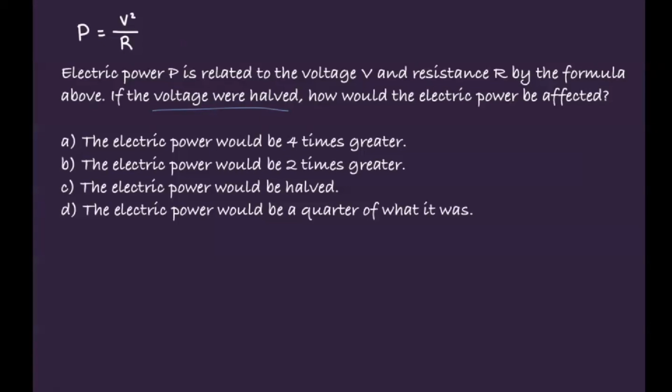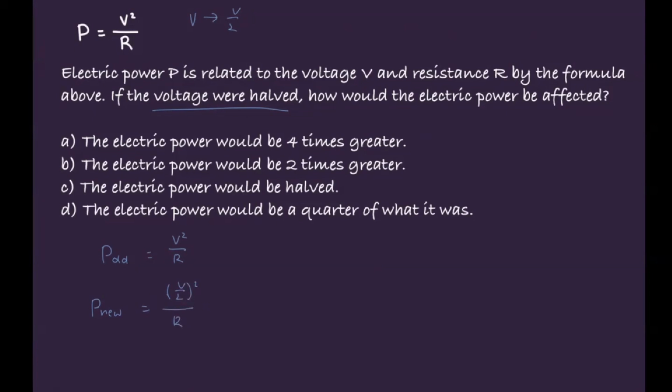So if our V is equal to V over 2, P old is equal to V squared over R, and P new is equal to (V over 2) squared over R.